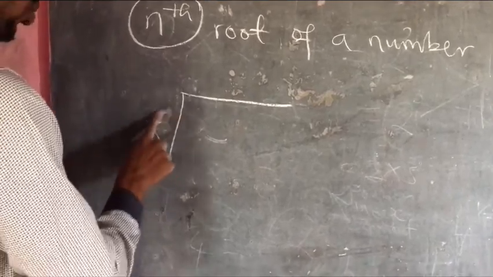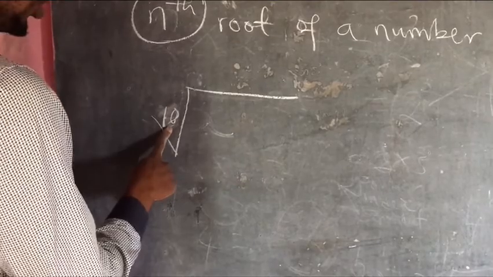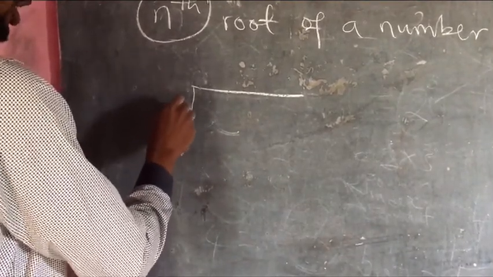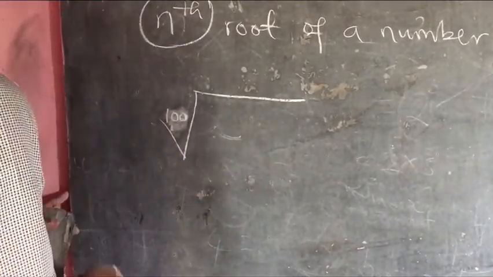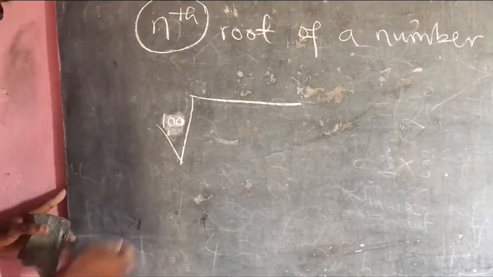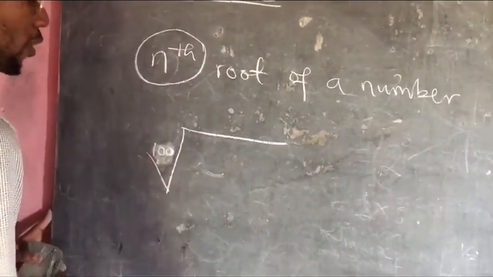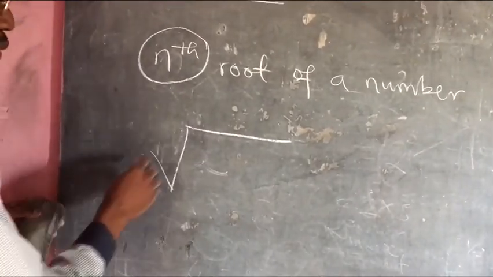If it is the 10th root I want to find, I will just put 10 here. So it means the 10th root of that number. If I want the 100th root, I will write 100, the 100th root of the number. So I can write or find any root of any number. Now we will see what nth root means.